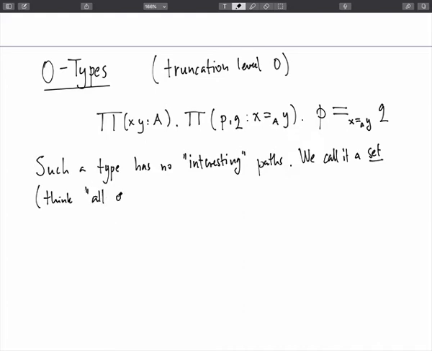All of its path components are contractible. That would be a classical way of understanding what's going on.